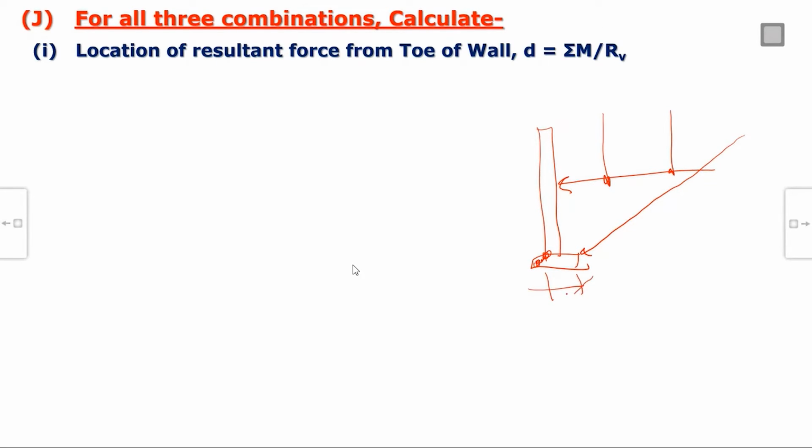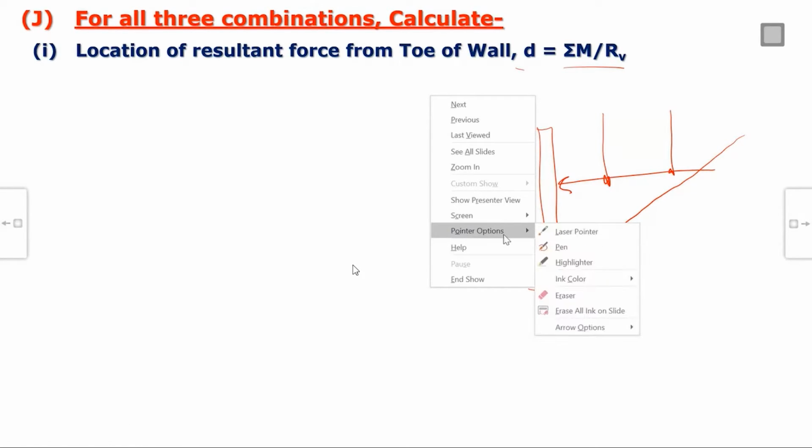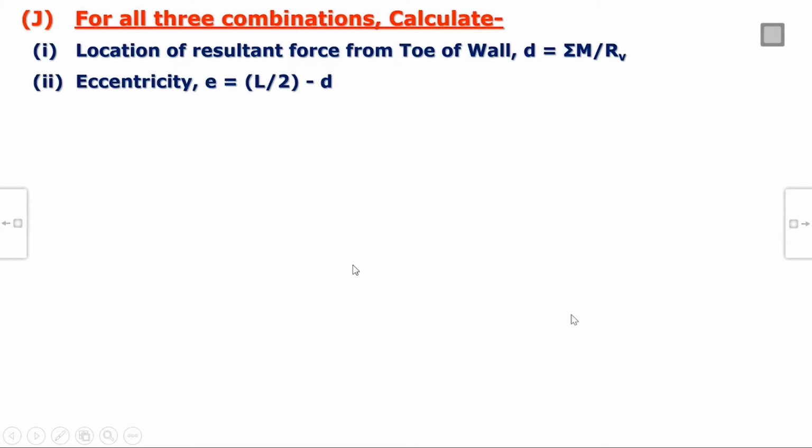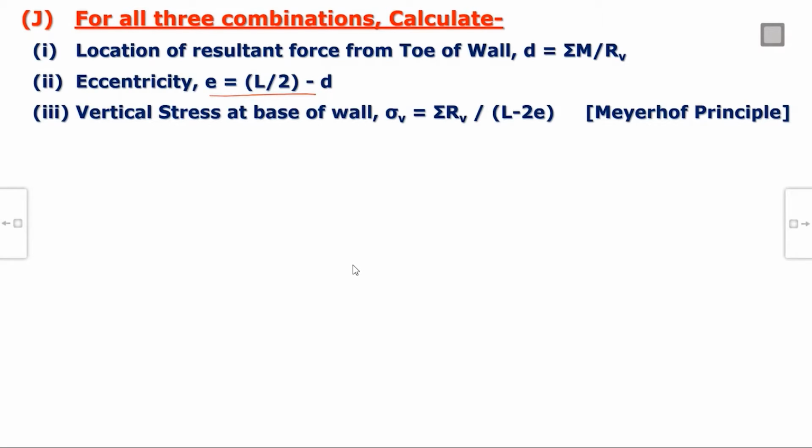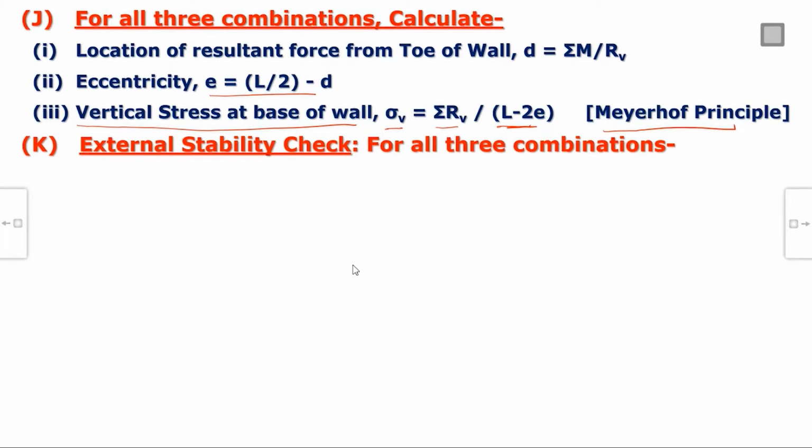This distance D will be moment divided by vertical: sigma M divided by sigma RV, and eccentricity E will be L by 2 minus D. If from toe, center's distance is L by 2 and D is the resultant force location, then this will be eccentricity, and vertical stress at base of wall sigma V will be sigma RV divided by L minus 2E, that Meyerhof principle what I told you. With that you will calculate sigma V.